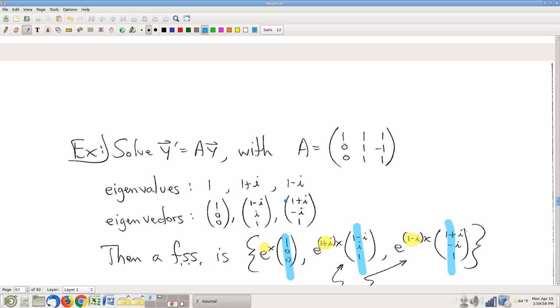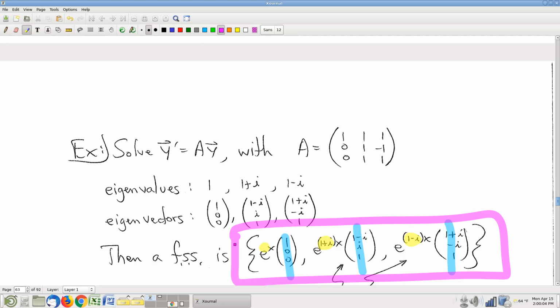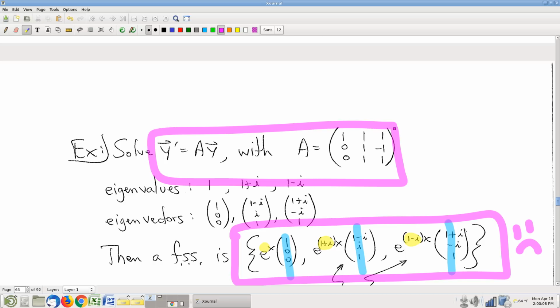We have our usual problem, though, and that is that this fundamental set of solutions is undesirable. The question came to us in this form where everything was real. Imagine you've got some real world scenario with real masses and real springs, or whatever the actual physics problem is. But you come with a real problem, and then the person who answers your question comes to you with complex solutions.